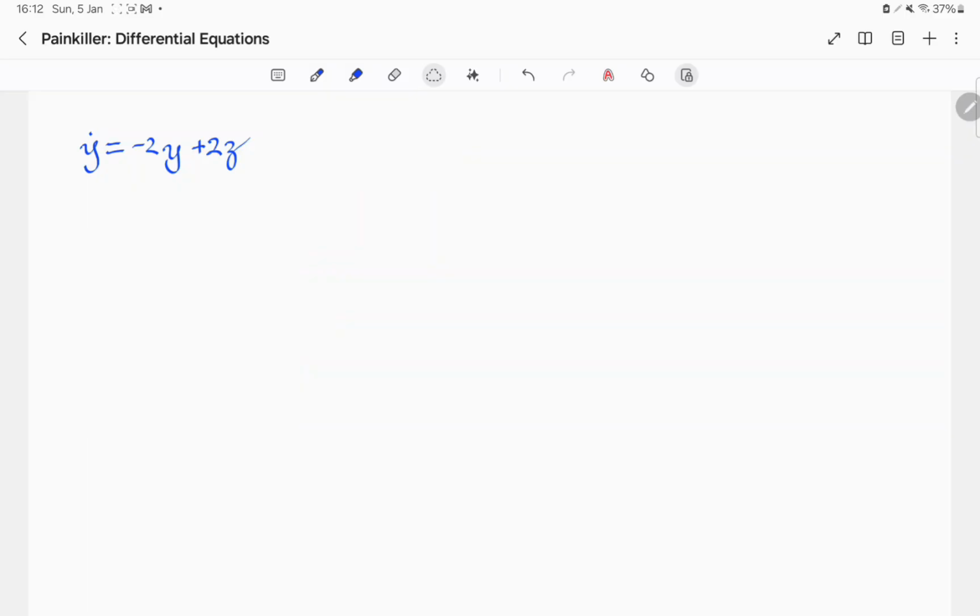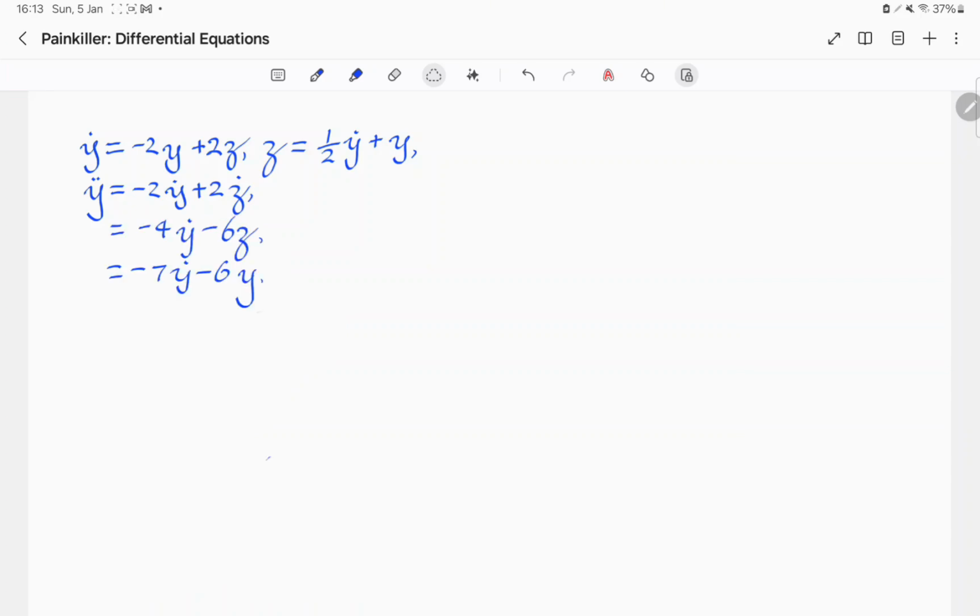Let's get started on part 0. Firstly, we'll take the left-hand equation, y dot equals negative 2y plus 2z, and rearrange it to give z equals 1/2 y dot plus y. We'll then differentiate this to get y double dot is equal to negative 2y dot plus 2z dot. And this should simplify down to negative 7y dot minus 6y.